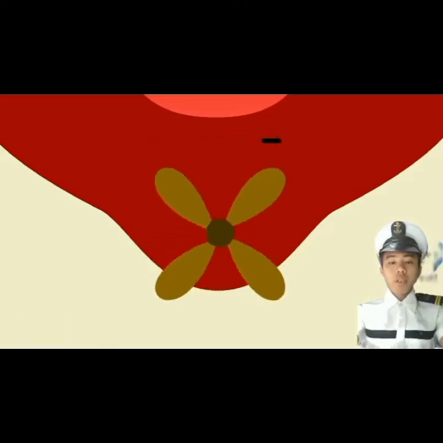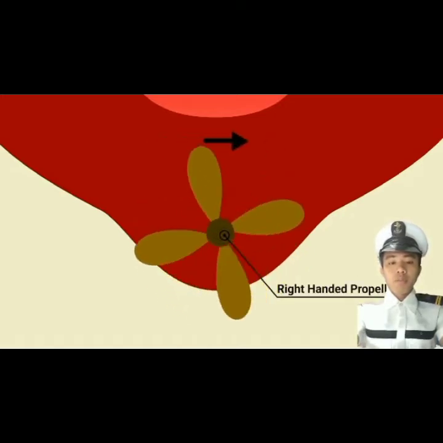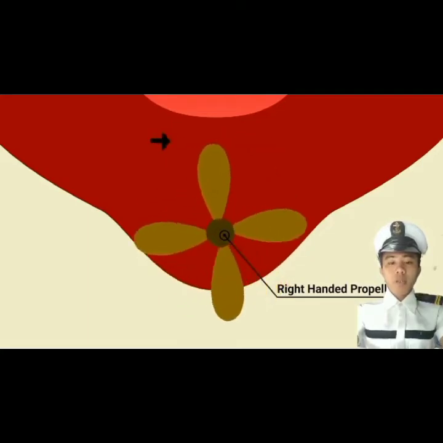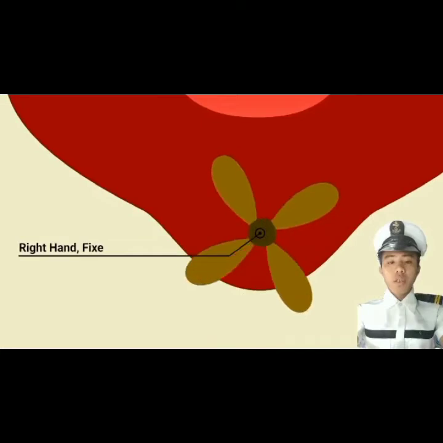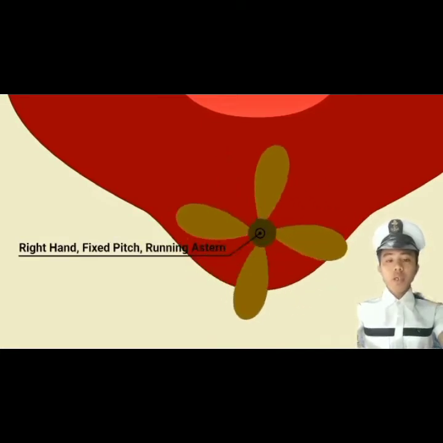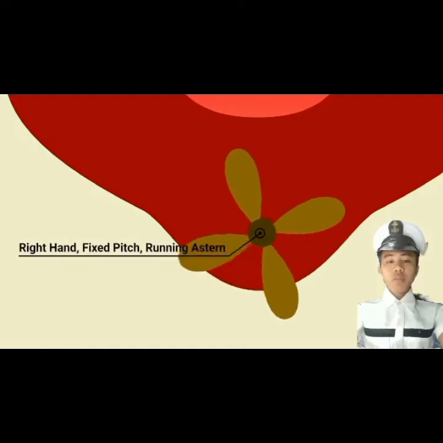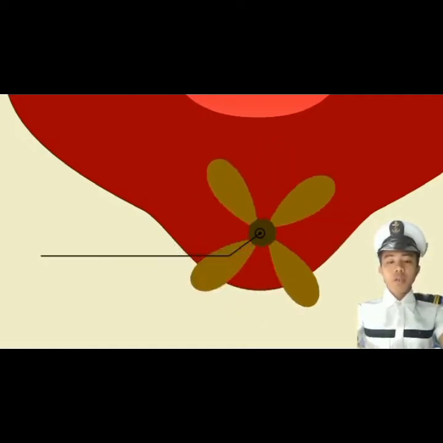Transverse thrust is caused by interaction between the hull, propeller, and rudder. The effect of transverse thrust is a slight tendency for the bow to swing to port on a ship with a right-handed propeller turning ahead. Transverse thrust is more pronounced when propellers are moving astern.